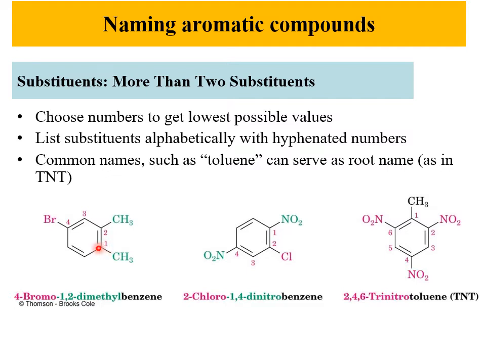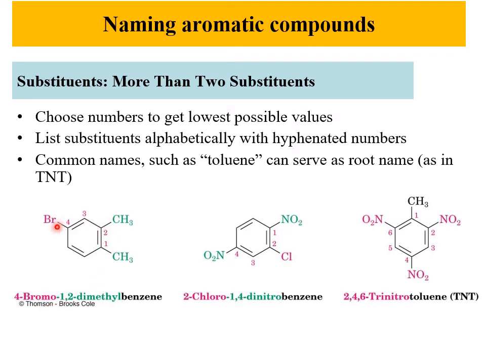So in this case, I put number 1 at this CH3 and I go anti-clockwise. So we have here 1,2-dimethyl and 4-bromo.